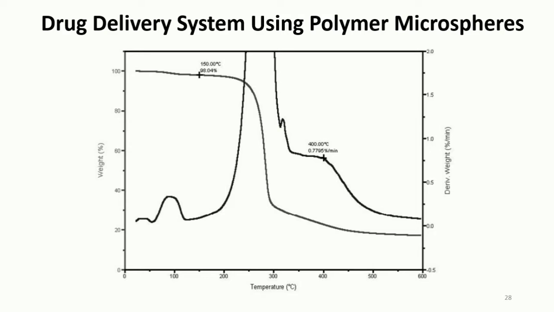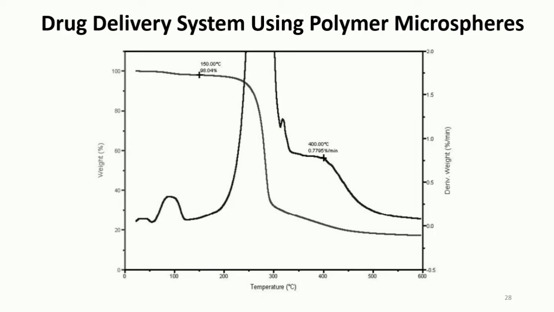For example, the TGA, thermogravimetric result in this picture actually shows the sample loses just over 2% by weight at about 150 degrees Celsius.